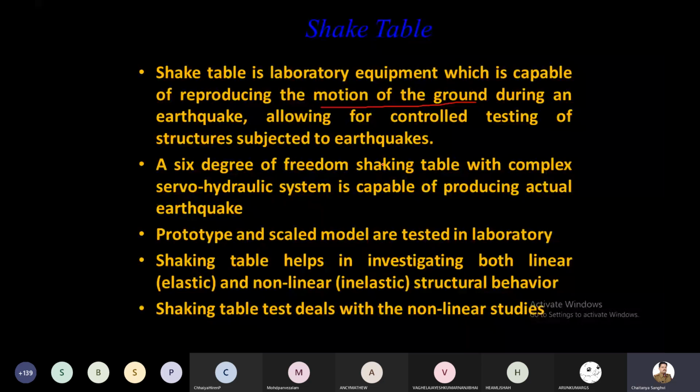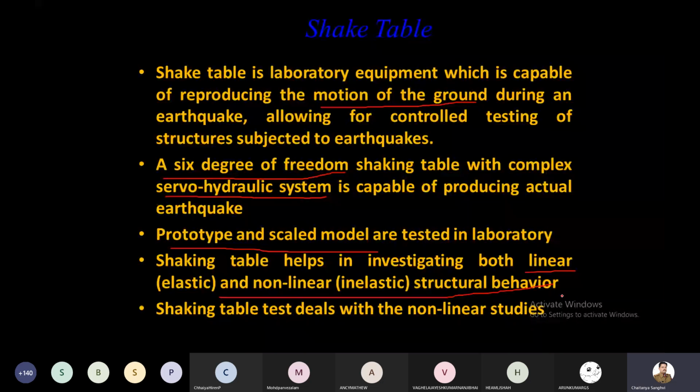It is 6 degrees of freedom, right? 6 degrees of freedom you can introduce as far as the shaking table is concerned, right? And it is a complex servo hydraulic system which is capable of producing the actual earthquake, right? We are going for prototype or scale models, right? And this shake table test will help in investigating both linear as well as non-linear structural behavior, right? So it will help in both the things.